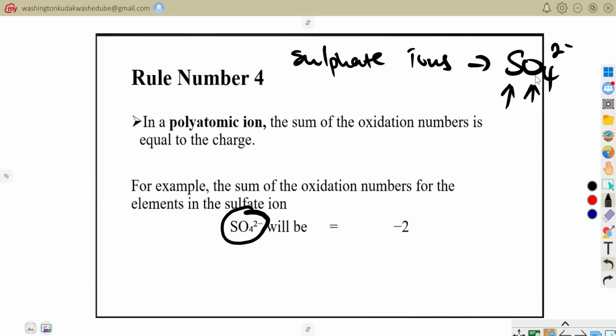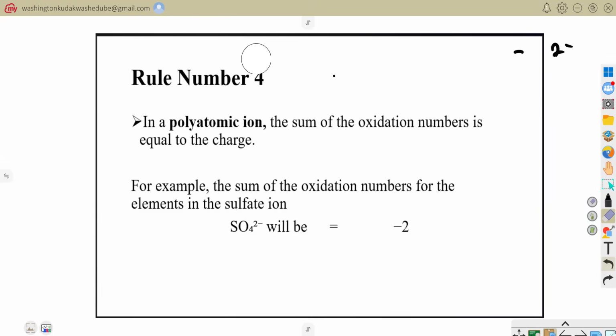So we are now saying that their overall oxidation number is equal to the charge that they're carrying. So the sum of the oxidation numbers for the elements in the sulfate ion will be equal to -2. That is what rule number 4 is saying.